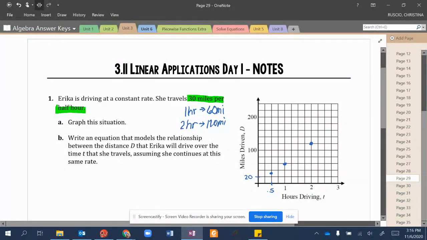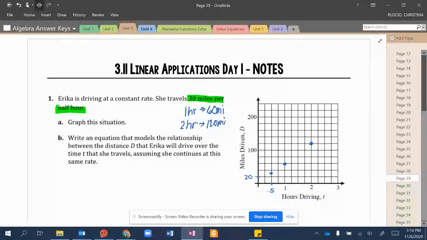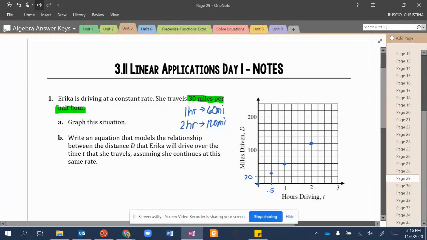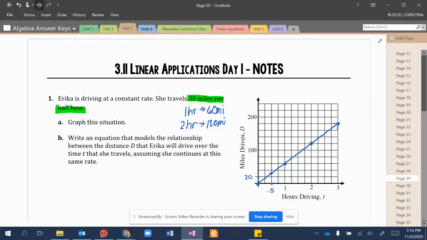Another thing that we should think about is what happens if she doesn't travel any miles per hour. Well, she's not going to travel any miles. Now we have our points. We can connect them. And notice how I'm going to put an arrow on the end. I'm not going to put it on the beginning part of the line because it wouldn't make sense to go negative hours or negative miles.